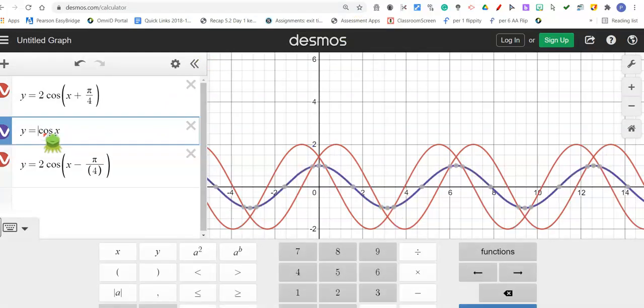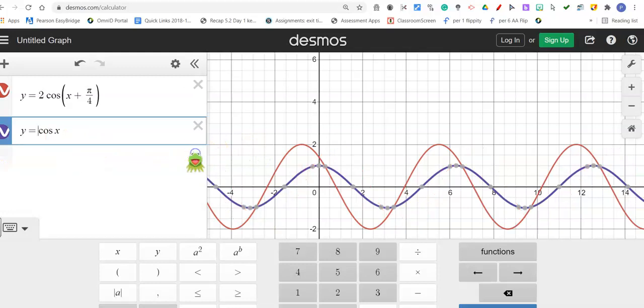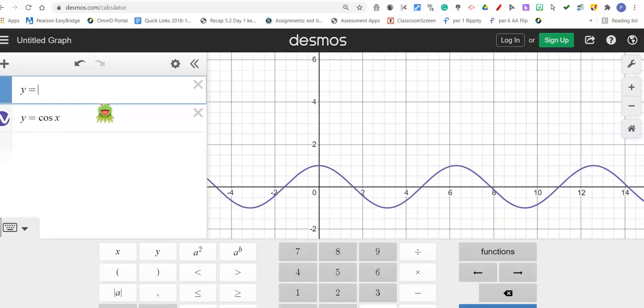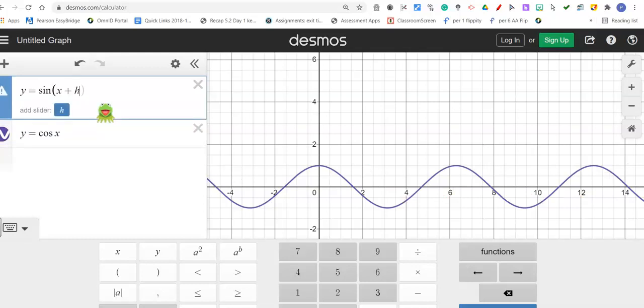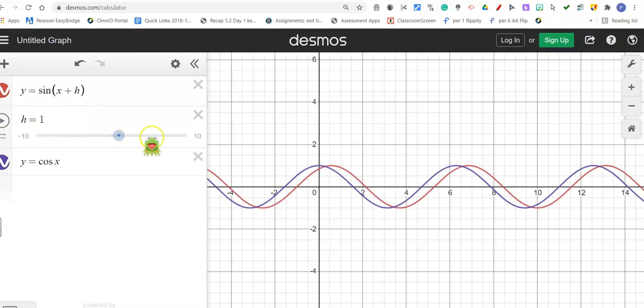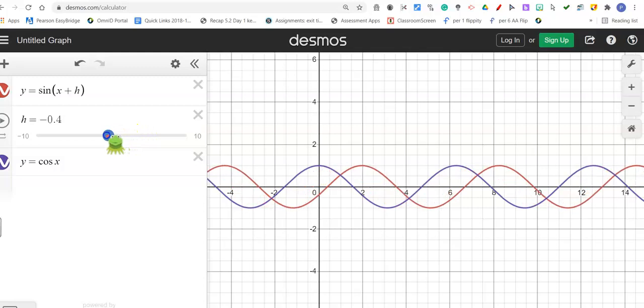So here's the cosine of x, and we'll just make this one the sine of x. And then we'll add something to it and see which way we have to move it. So where would I have to move this to get it to line up?